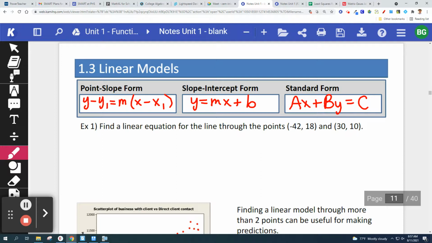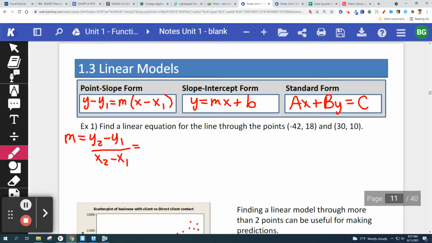Example 1 starts off with a familiar problem. Find a linear equation for the line through these 2 points. So in order to do this, we're probably going to want to find the slope. So remember the slope equation, y2 minus y1 over x2 minus x1.